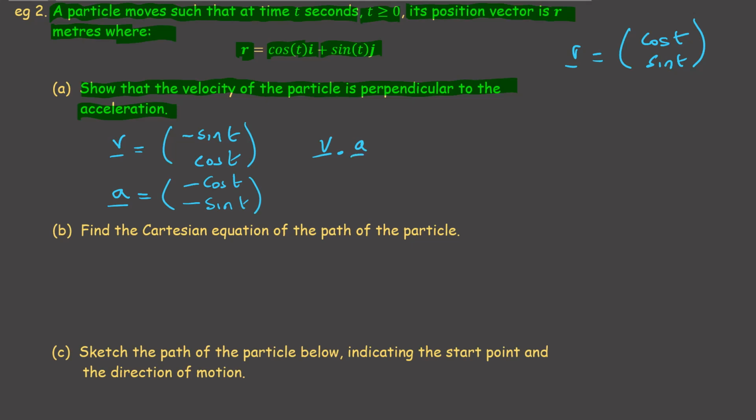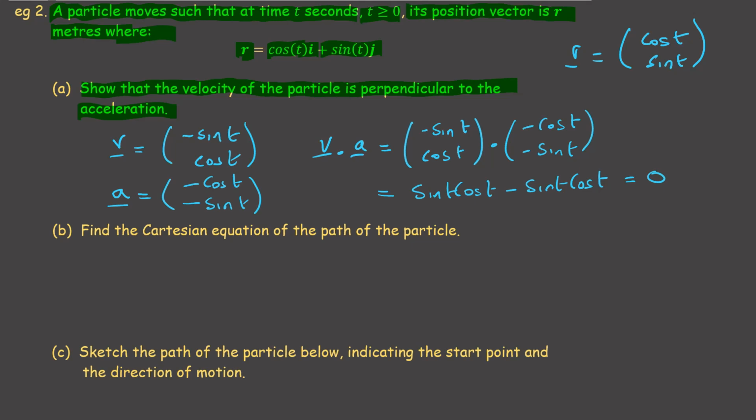V dot A would be (negative sine t, cos t) dot (negative cos t, negative sine t), which is equal to sine t cos t take away sine t cos t, which is equal to 0, and that does the trick.